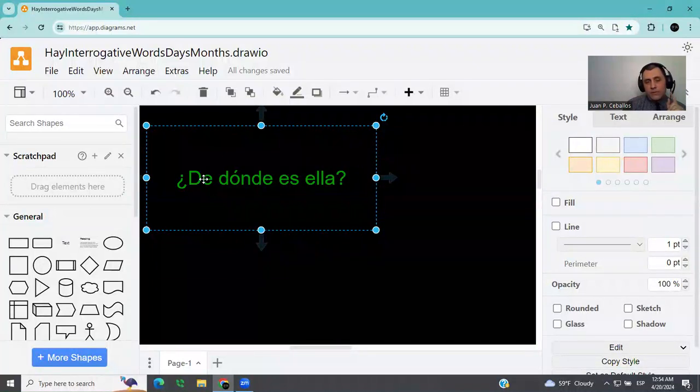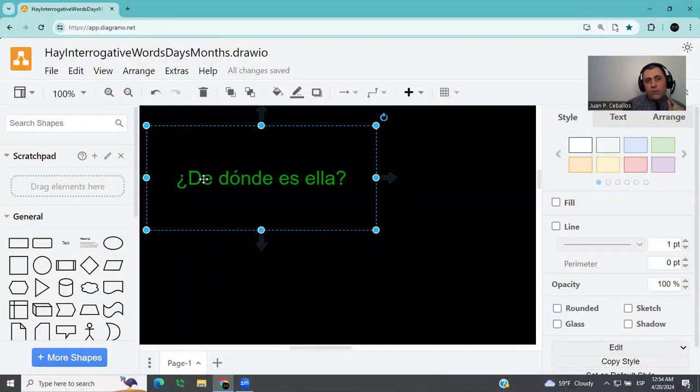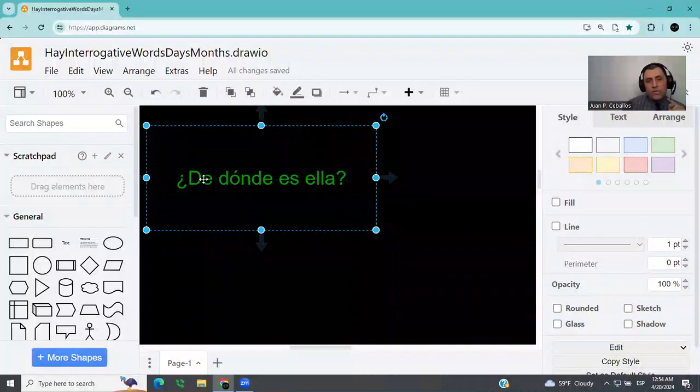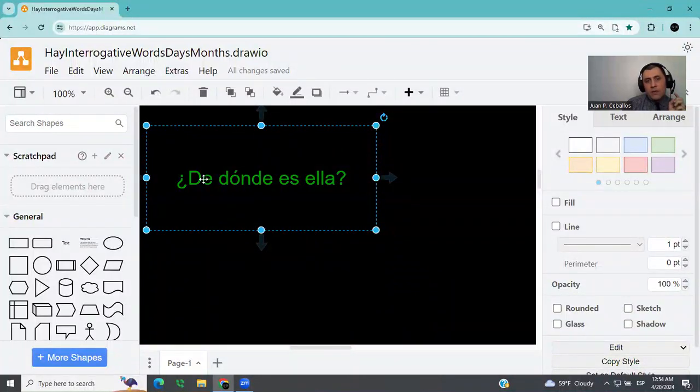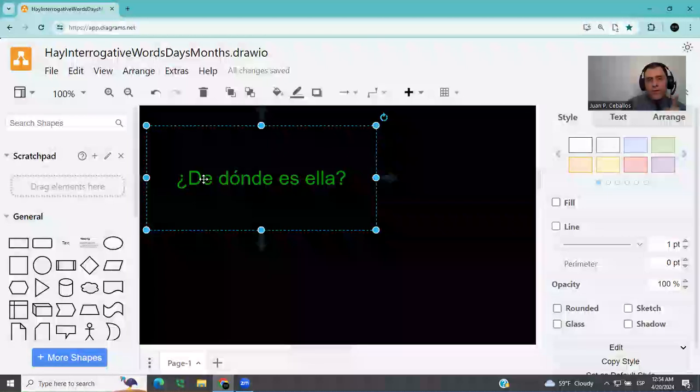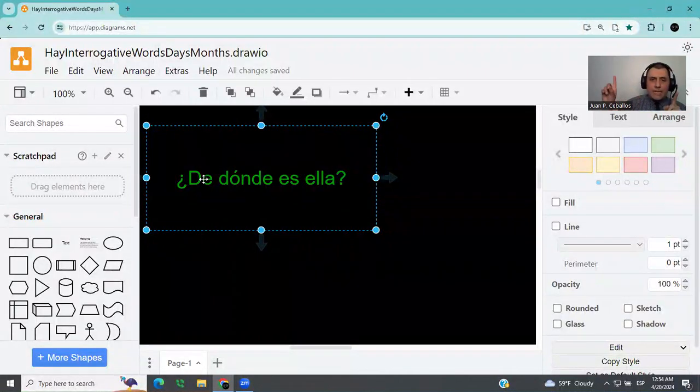I'm sorry, this translates from in this case because we are talking about point of origin. So where is she from? In English, you put the preposition at the end of the sentence. In Spanish, you put it in the beginning. If I translate this into English, it will be like, from where is she? That's how we say it in Spanish. So the structure changes a little bit.